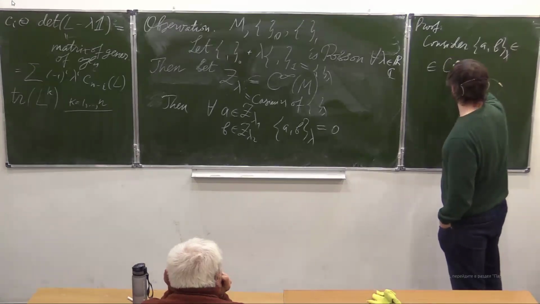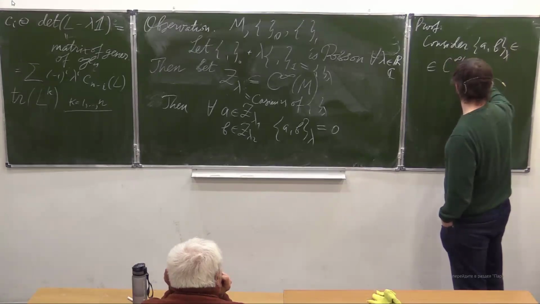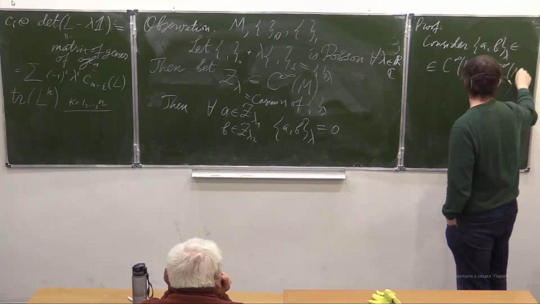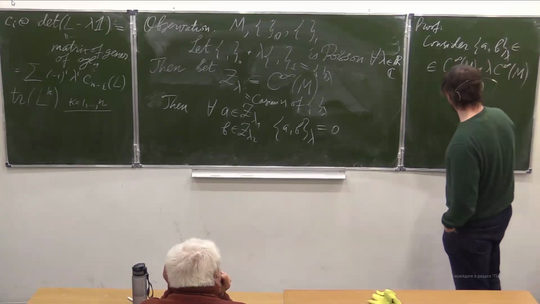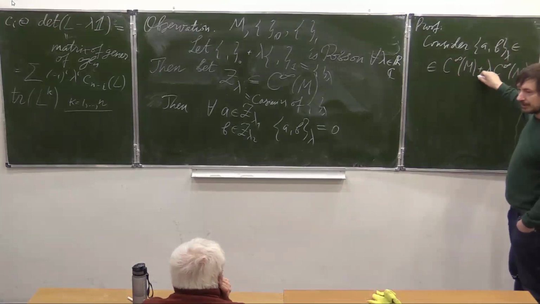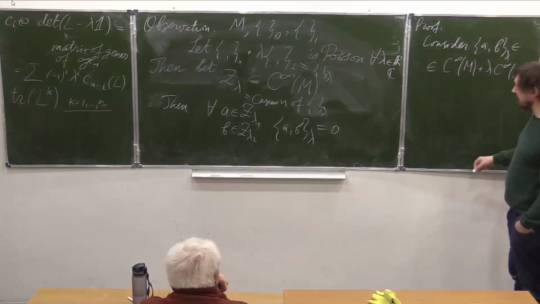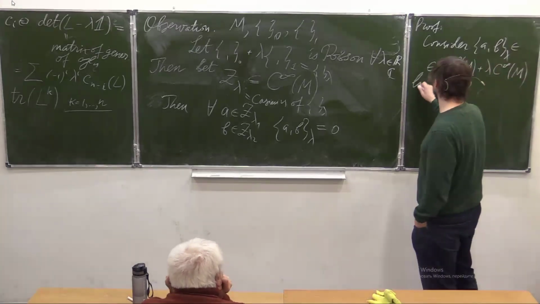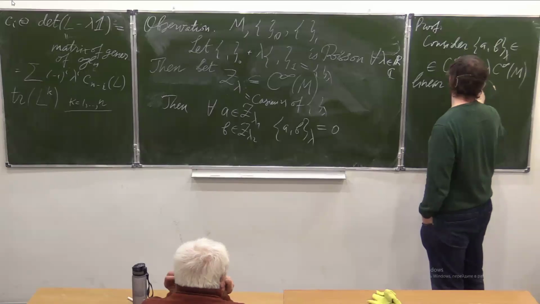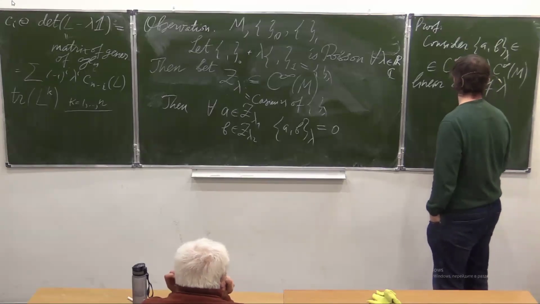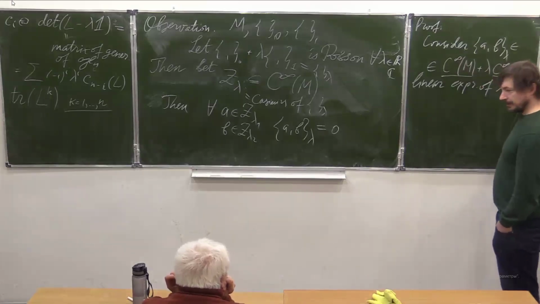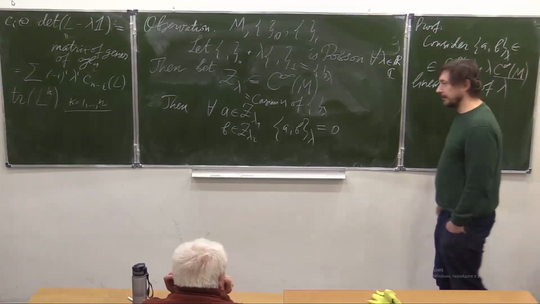It should be a function on M plus lambda times some other function on M. So in some sense, it is a linear expression in terms of lambda. So this doesn't depend on lambda, and this doesn't depend on lambda, right?